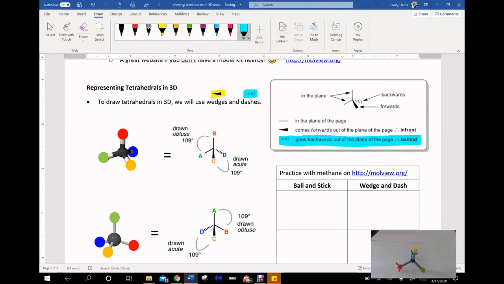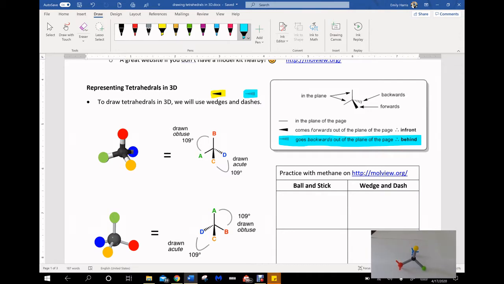So it's behind the plane of the paper. If a line is just flat, like a normal bond line, that represents a bond that's within the plane of the page. So wedges are punching out, the dashes are going behind, and the plain lines are within the plane of the paper.